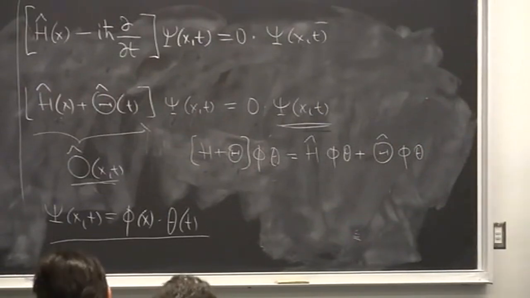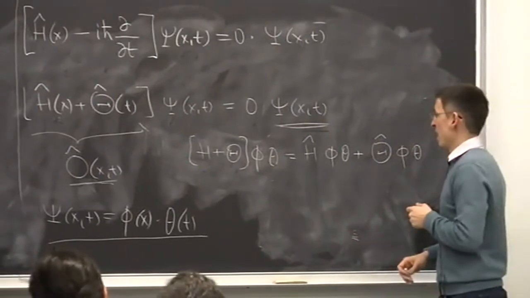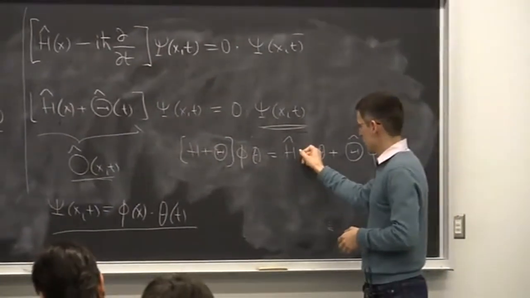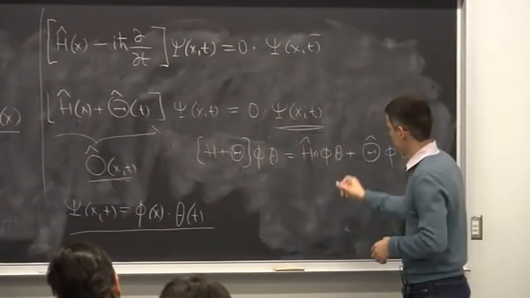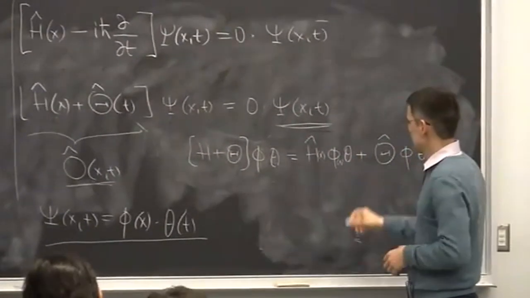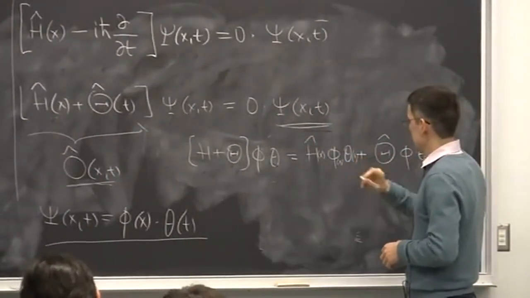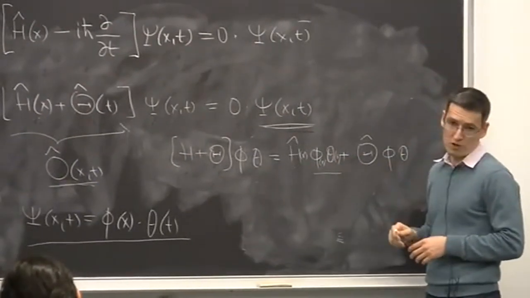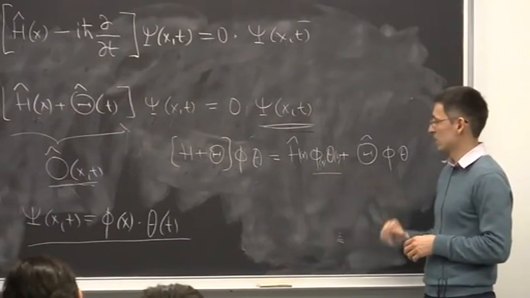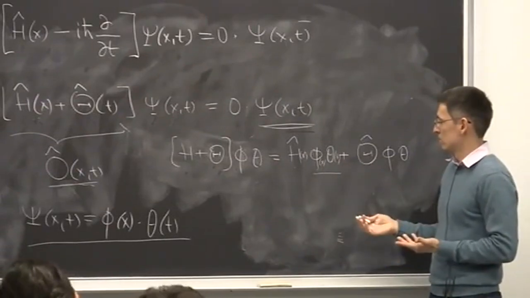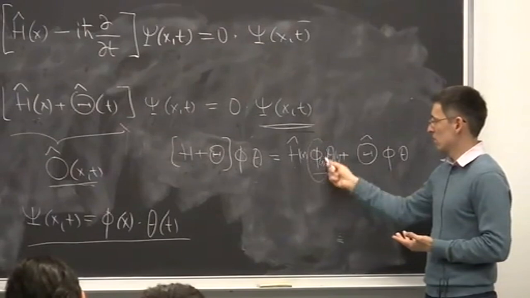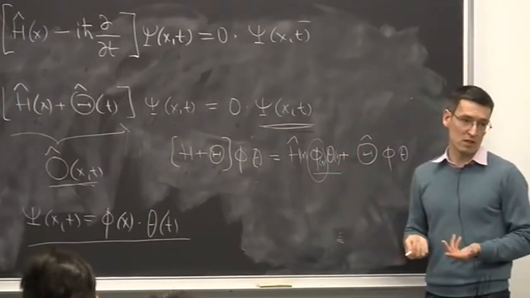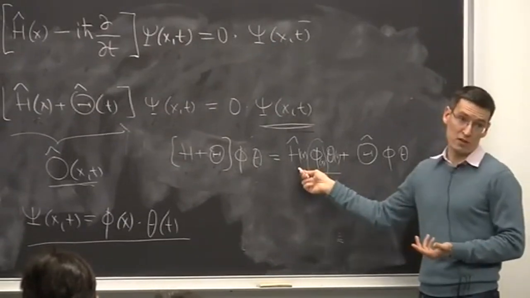Okay, nothing surprising here. What we should now consider is that h depends on x, phi depends on x, theta depends on t. And so when h acts on the product of these two functions, phi and theta, it will only actually affect phi, because theta depends on t, and t is not part of h.